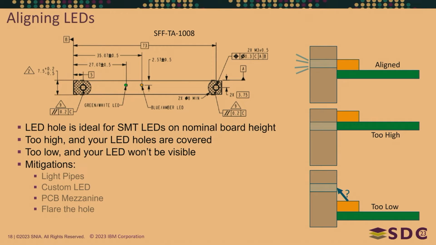If you're too low, then your LEDs don't even touch the hole. So you have to mitigate it through things like light pipes, maybe making a custom LED, do a board-to-board soldering to raise your PCB height, or you could try to sort of cheat and make the hole bigger, flare it or something so that you eventually get your light out of the holes.